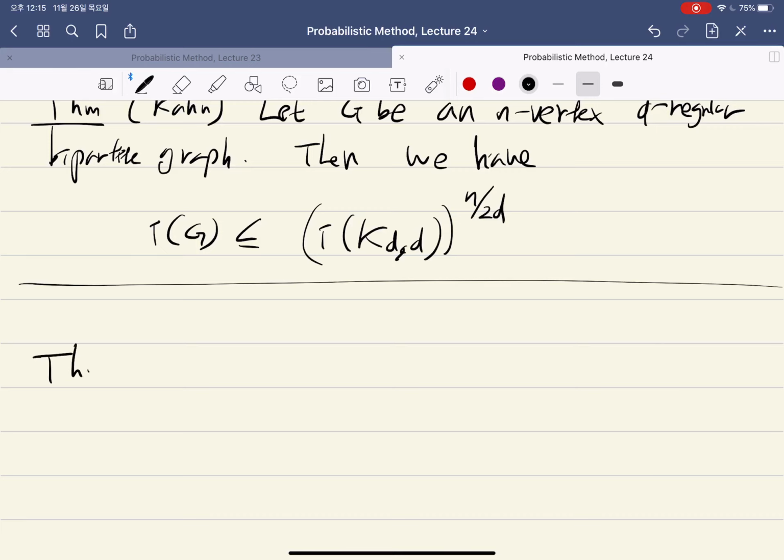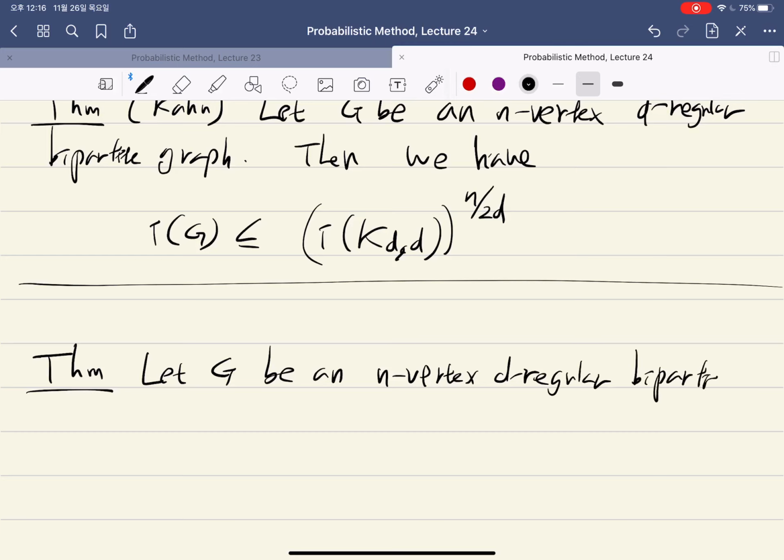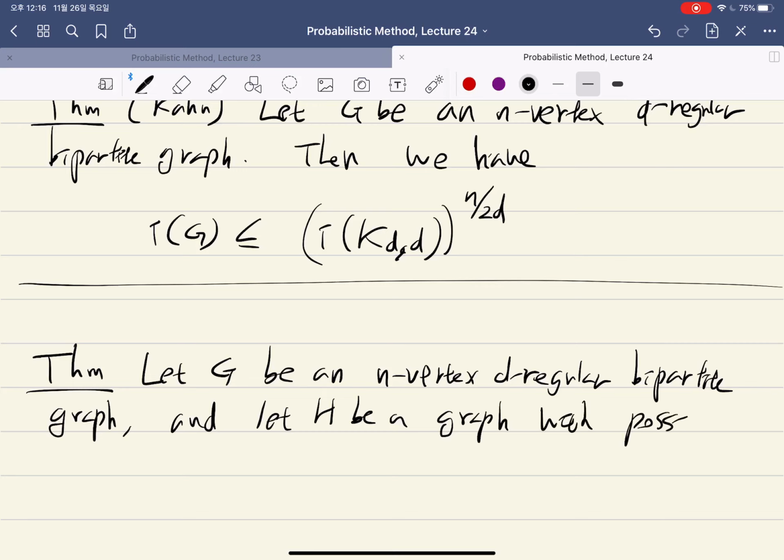And we will prove this using entropy. But we will actually prove a bit more general statement. Let G be an n-vertex d-regular bipartite graph, and let H be a graph with some possible loops.